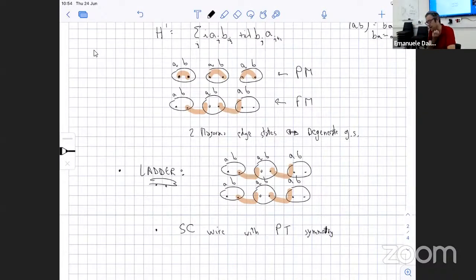There is a parity symmetry, meaning that fermions are only born in pairs, and there is a time reversal symmetry, meaning that, as we mentioned, the Hamiltonian is real. There is no i in the Hamiltonian. Okay, that was the idea.